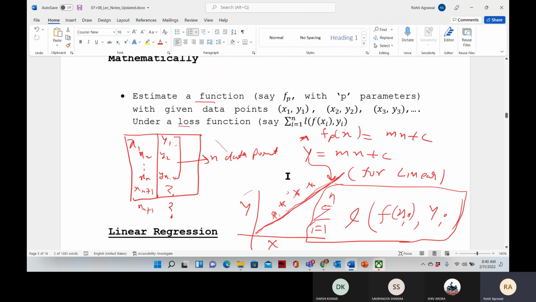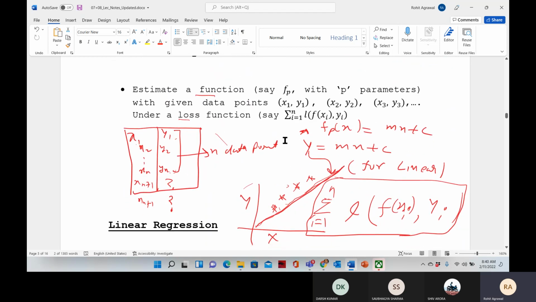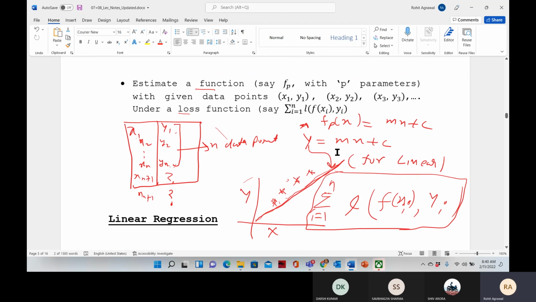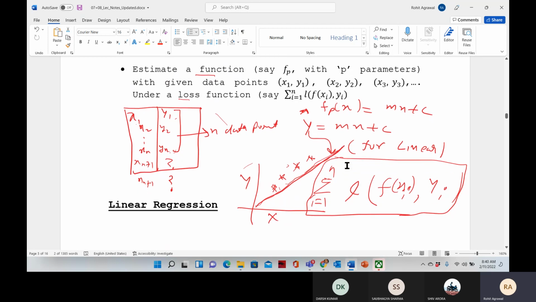After that, I gave you the mathematical definition. We are having x1, y1, x2, y2. These are the data points, and we are going to fit a function f, y equals mx plus c, such that the difference, or you can say the loss, between the actual y value and the predicted y value will be minimum.